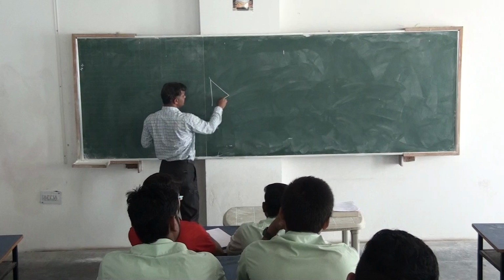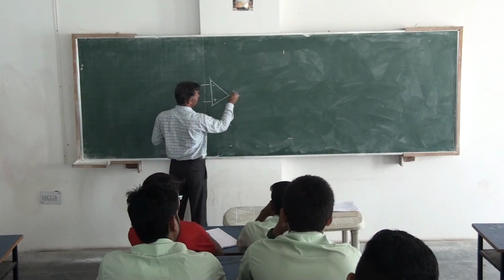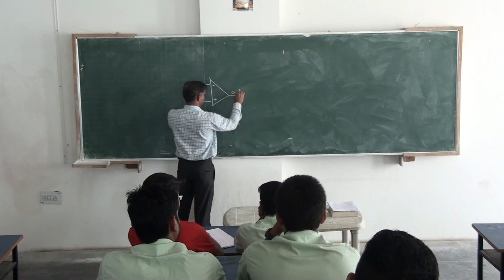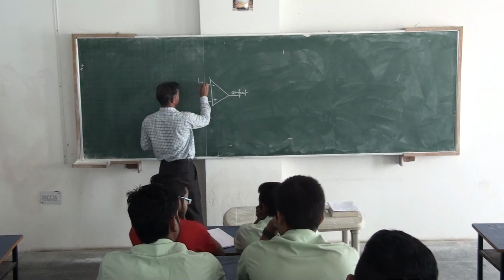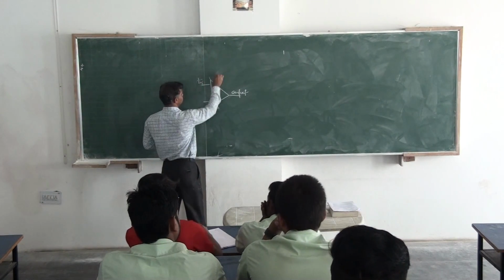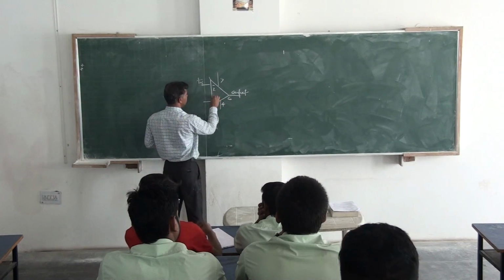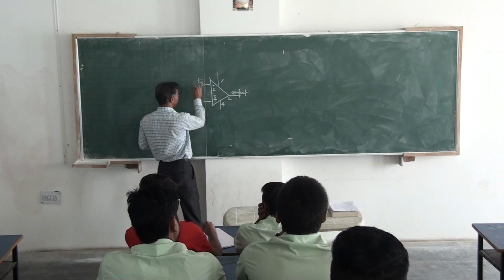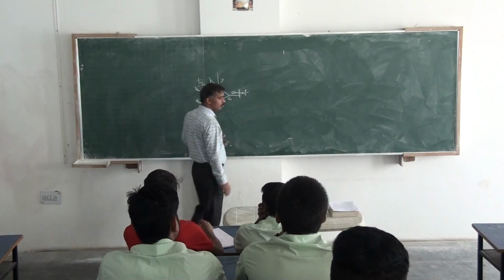As we have seen, this is the block diagram, the schematic or symbol of the op-amp. This is pin 7, this is 4, 6, 2 and 3. These are the inputs V1 and V2, and we are taking the output out.